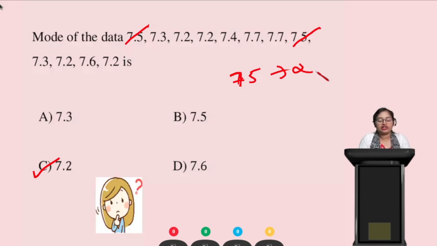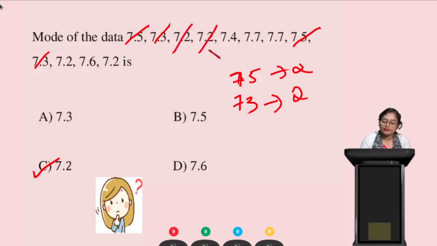Then what about 7.3? 7.3 one time and 7.3 two times. Therefore 7.3 will be again 2 times. What about 7.2? It is 1, 2, 3 and 4.